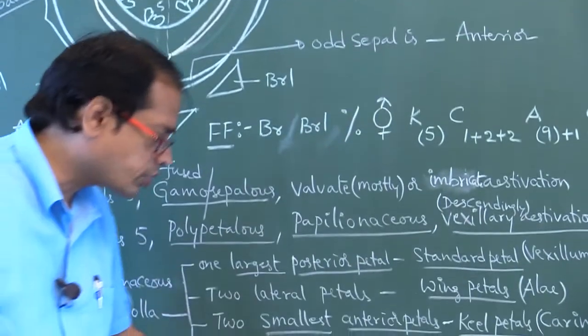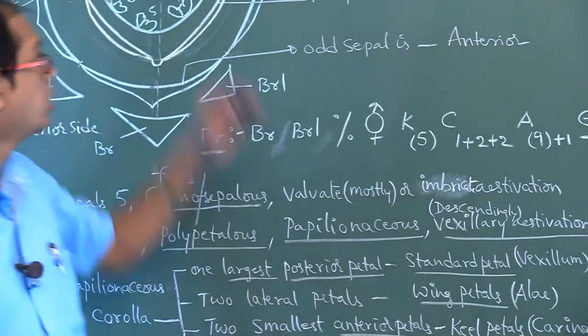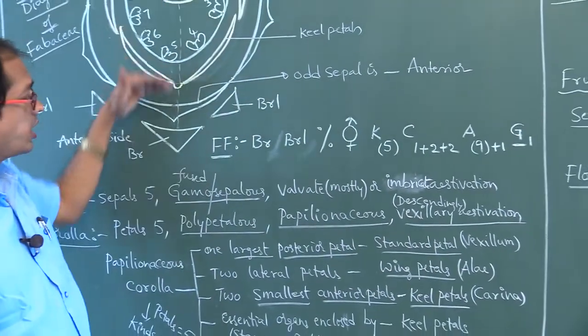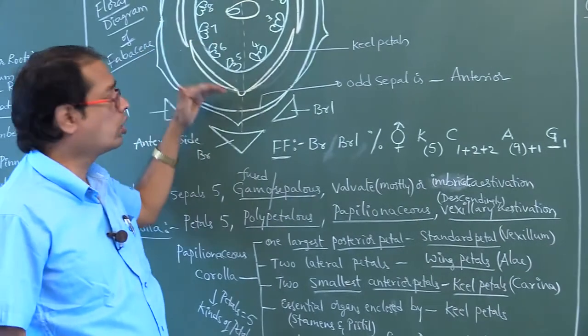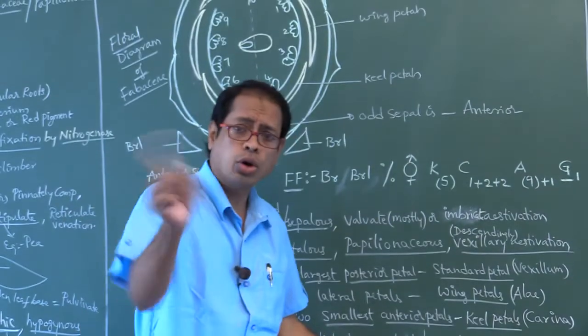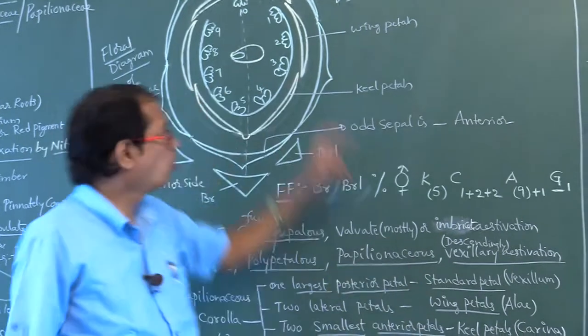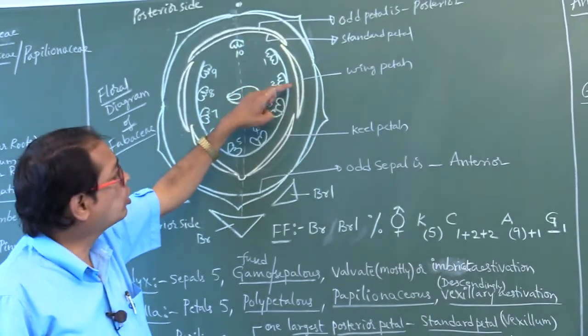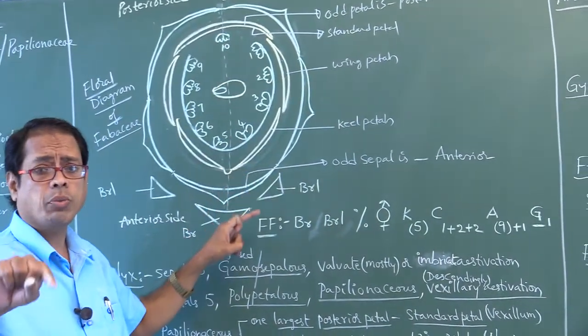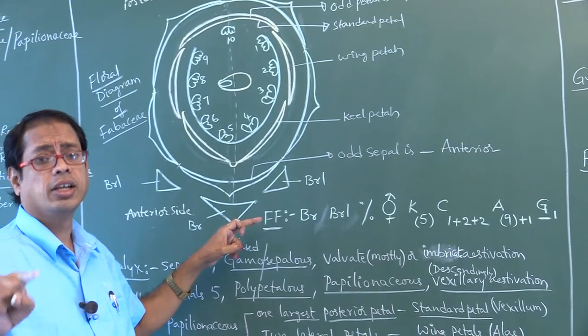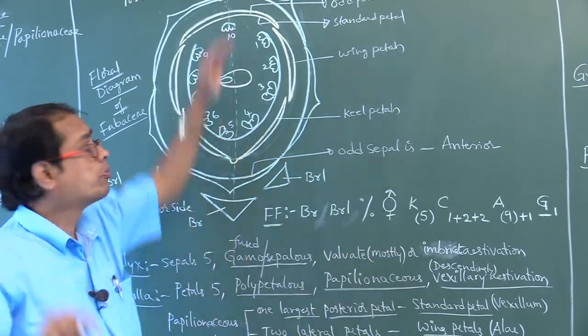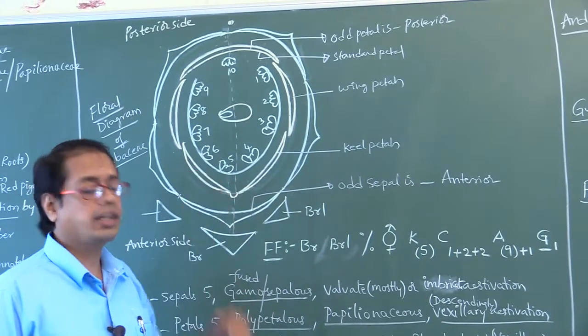So 1 plus (2) plus 2, that arrangement is from posterior to anterior side.